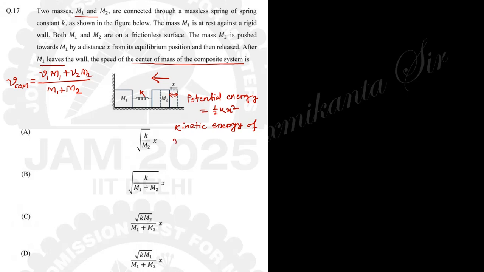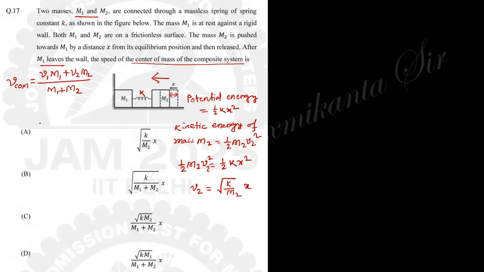So the kinetic energy of mass m2 will be half m2 v2 square, and this equals half kx square. So from here we obtain the value of v2, which is nothing but root under k by m2 into x. This is the velocity of the particle m2.